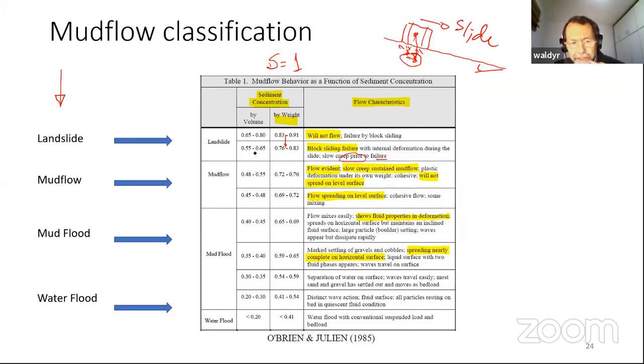Then we cross this border between landslide and something that is going to flow. So flow is evident. It's a slow creep, sustained mud flow. There's a plastic deformation. It's still cohesive, but very important, it will not spread on a level surface. It's more like the slump test. I think most of you know what I'm talking about.